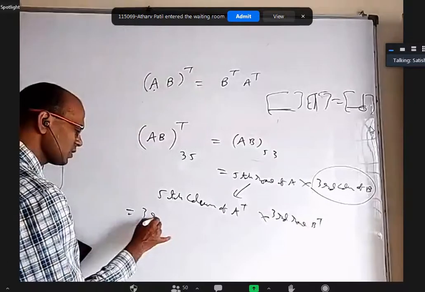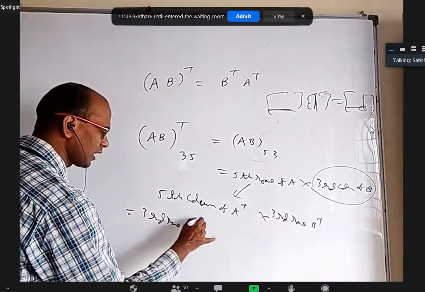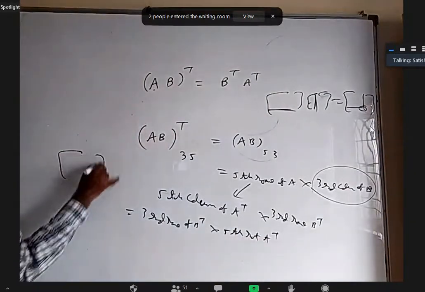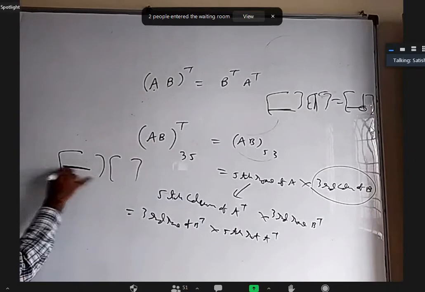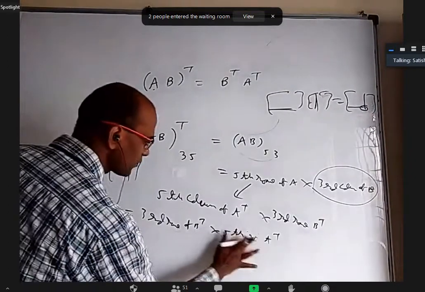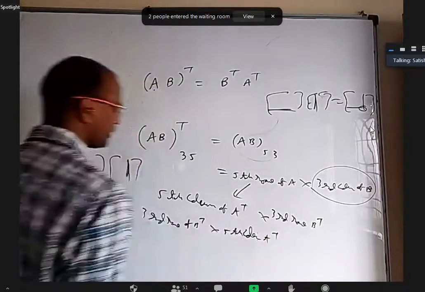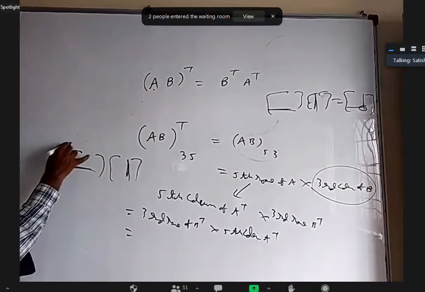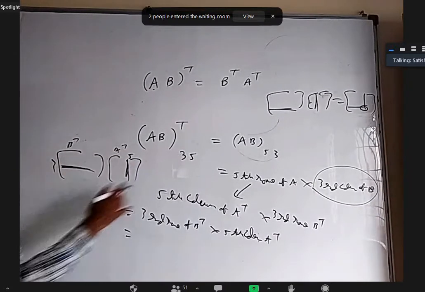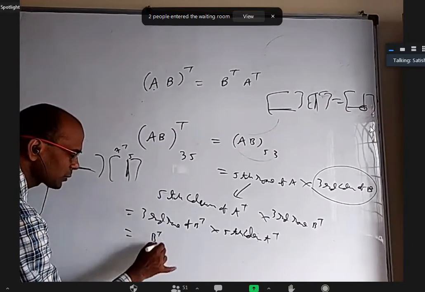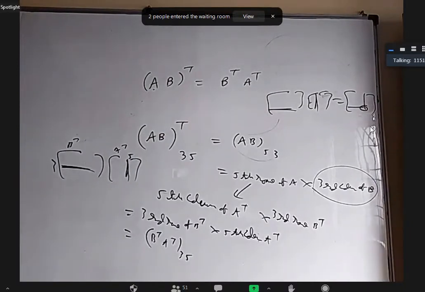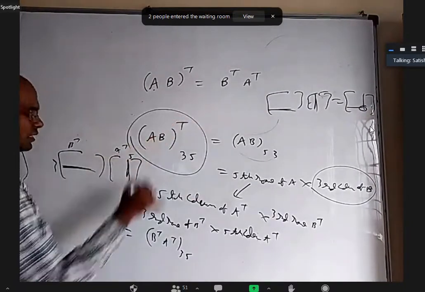So that is the same as the third row of B transpose into the fifth column of A transpose. That is the element in B transpose A transpose in the third row, fifth column. Now we see what we started with and what we ended with.